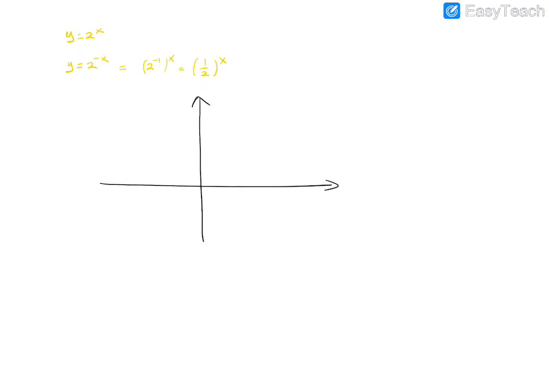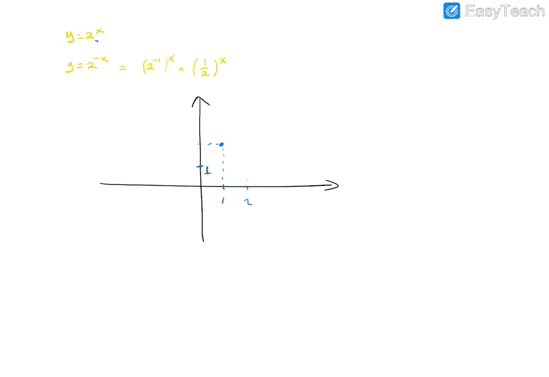For example, for the function 2 to the power x, if x is 0, 2 to the power 0 is 1. So it passes through the point 1 when x equals 0. When x equals 1, the value is 2, for example. This point.